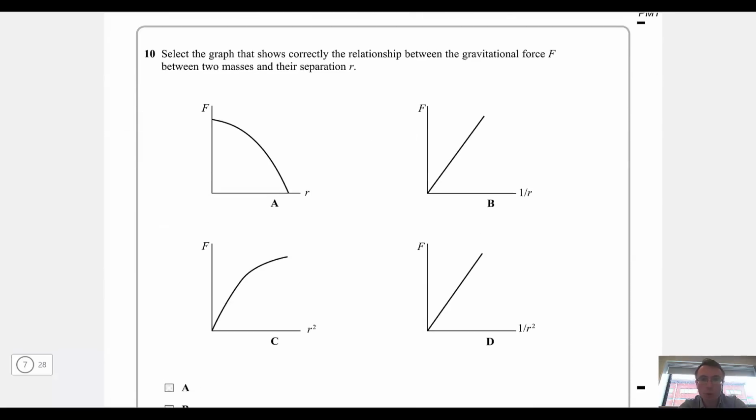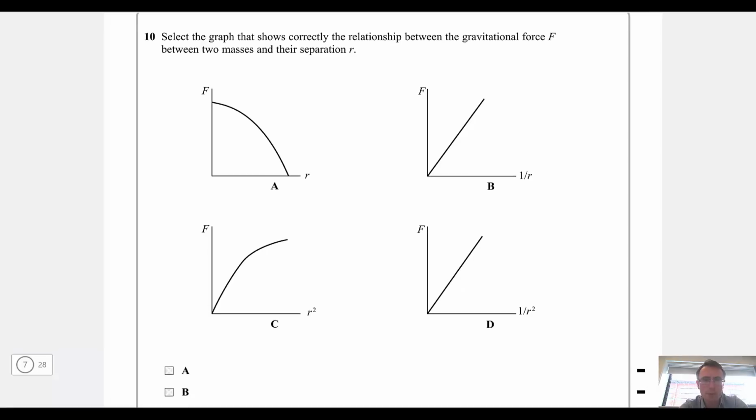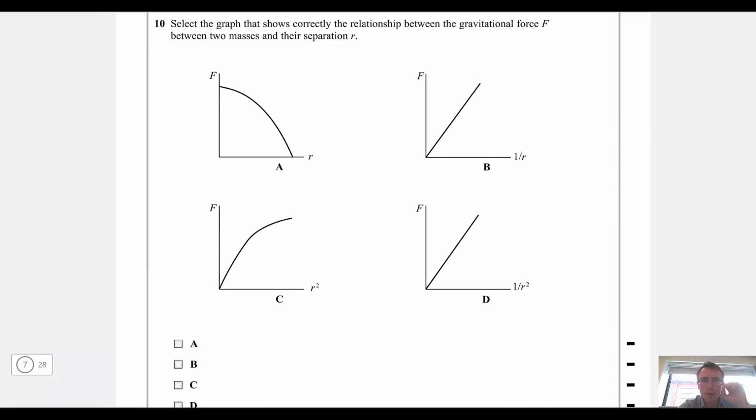Select the graph that shows correctly the relationship between the gravitational force between two masses and their separation r. Okay, well, we want a straight line through the origin typically in those, but let's say that F is equal to GMm over r squared.